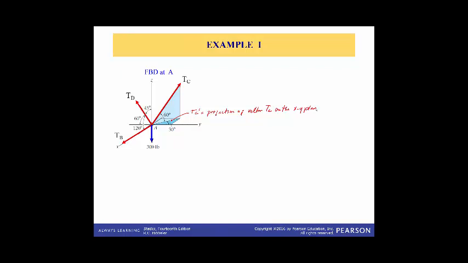Then let's take a look at what the components in X, Y, and Z are. When I look at this part here, this is the projection, or the component in this case, in X, and this is negative. It goes in the negative X. Then I look at this here, and this is the component of the vector in Y, and that is positive.